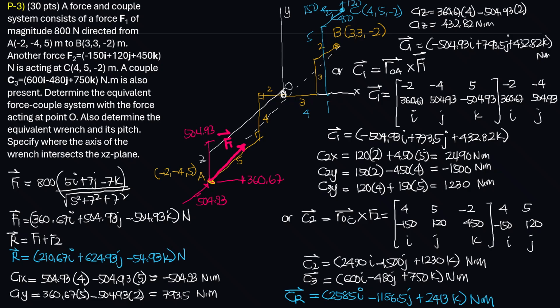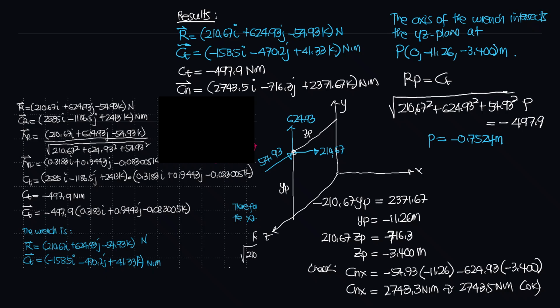Let's have the continuation. So R is 210.67 I plus 624.93 J minus 54.93 K, and the resultant couple is equal to 2585 I minus 1186.5 J plus 2413 K Newton meter.